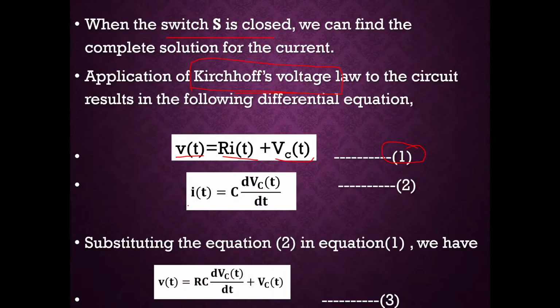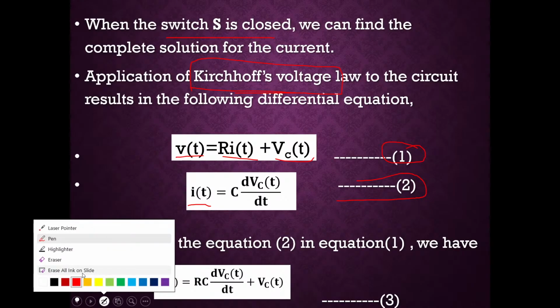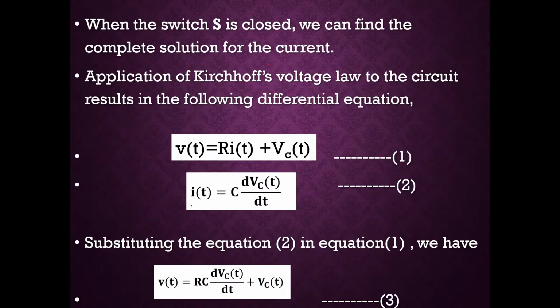Now, what is the current in the capacitor? Current in the capacitor is I of t equal to C into d by dt of Vc of t. Consider it as equation number 2. Now substitute 2 in 1.